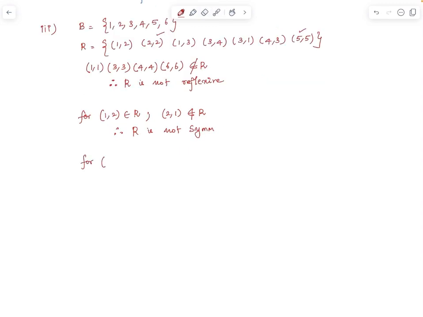For (1, 3) in R and (3, 4) in R, (1, 4) is not there in R, which means R is not transitive. So putting it together, R is not reflexive, R is not symmetric, R is not transitive.